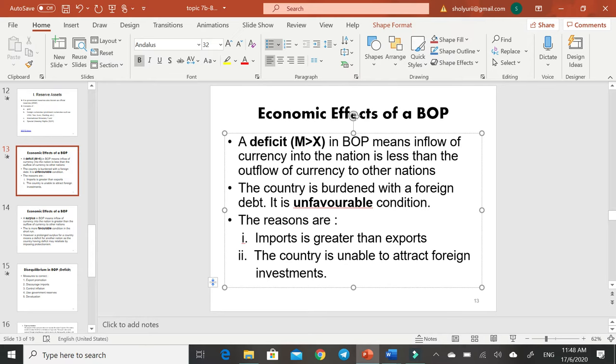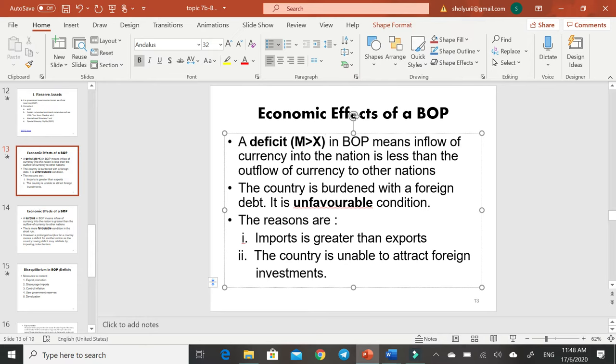And another reason why we have that problem is because we are unable to attract foreign investment. Okay, ingat, international trade is not about goods saja tau, it's also about services, it's also about jual beli asset of the country, and it also involves foreign direct investment, FDI.